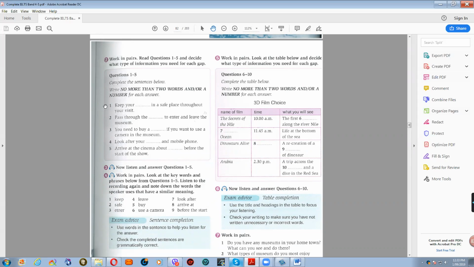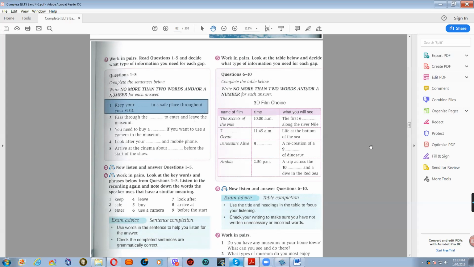What sort of information, one or two words and or a number, that's all we're looking for. What sort of information are we going to need to fill in the blank? Number one. Keep your luggage, I guess. No, it's a word that begins with a V. Luggage.